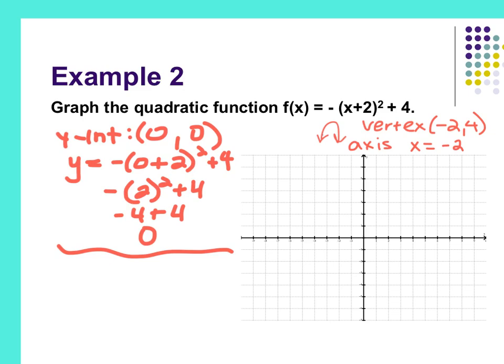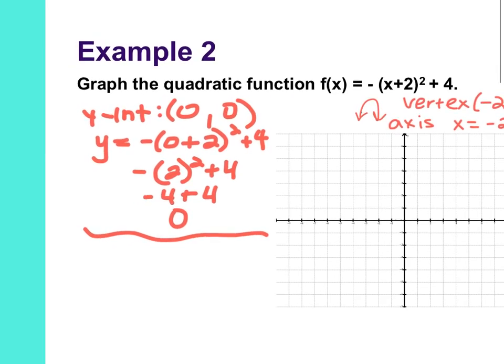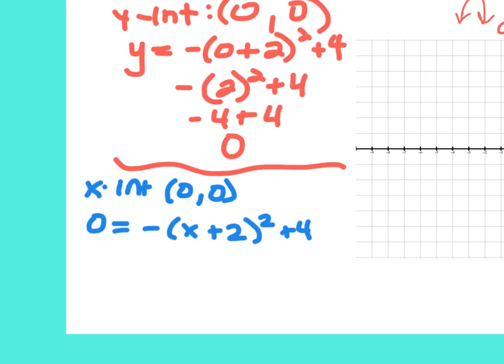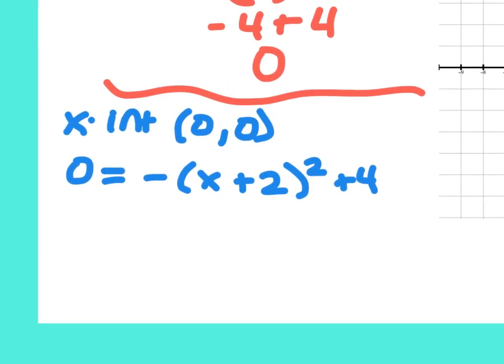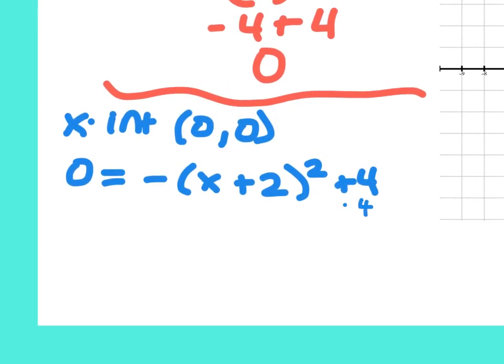If it's 0, 0, it's the y-intercept and what? The x-intercept, but there could be more than one. So x-intercepts, I'm expecting the 0, 0, but there could be another one. So 0 equals negative, x plus 2 squared, plus 4. And then I gotta solve. So subtract the 4.